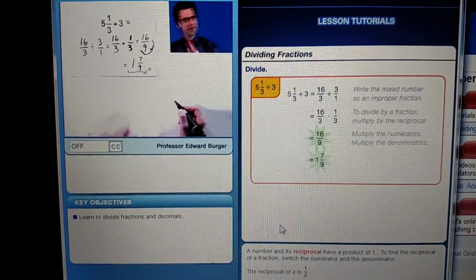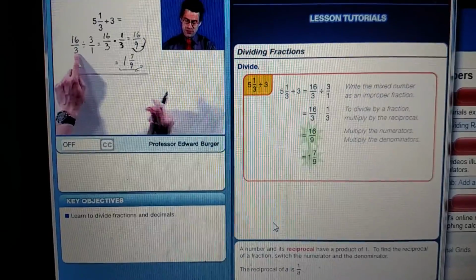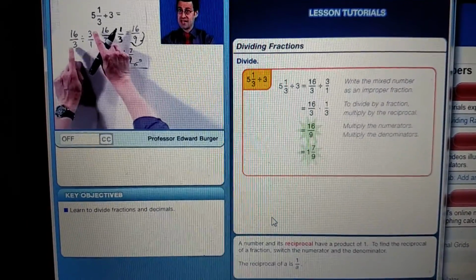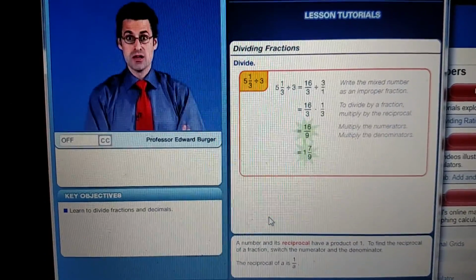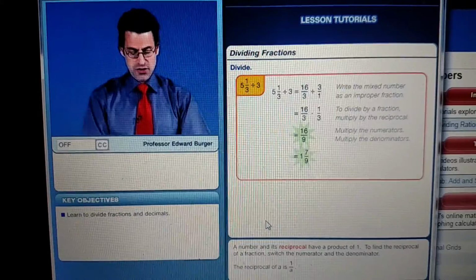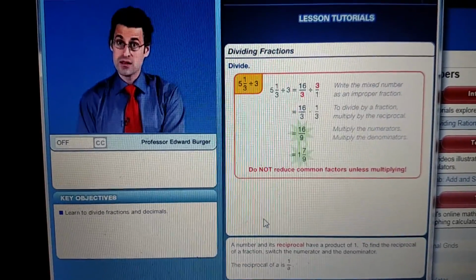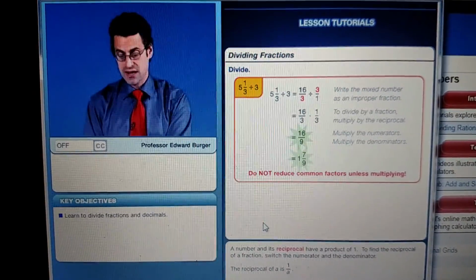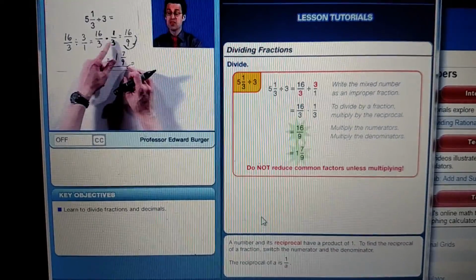Let me just point out something here that maybe will be confusing to some people. They might see the 3 and the 3 here, and they might sort of have this dream about canceling. Do not give in to that dream. You can only cancel, you can only reduce when you're multiplying. So you have to first convert the question to a multiplication question, and then if you have common factors that you can reduce, do so.